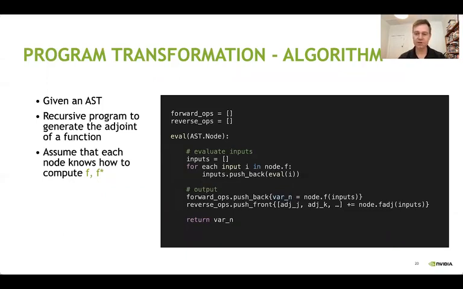Every time we evaluate an operation, we push back the output onto our operations list, our forward ops. And when we want to replay it, we also push back the adjoint of that operation. All we're assuming here is that for each node that comes in via the AST, we know how to convert that to a forward mode and a reverse mode function. And generally, you just need a small library of building blocks to support quite complex programs.